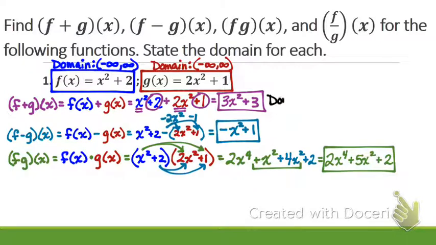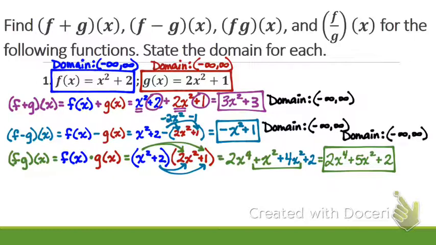All real numbers. If I'm allowed to use it for both functions, then it works for the sum, the product, and the difference, not the quotient. My bad. Spoke out of turn there.